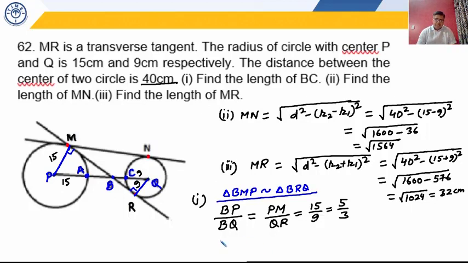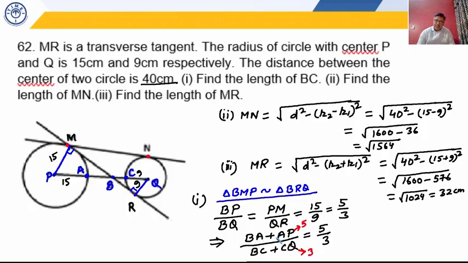Now, what is BP? BP can be written as BA plus AP, divided by BC plus CQ, and this equals 5 upon 3. Can I say AP and CQ are in the ratio 5:3?